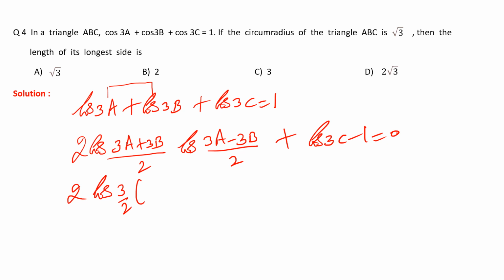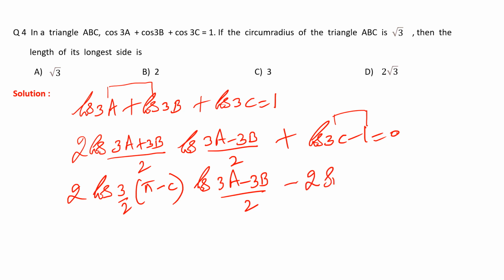I can replace A plus B by pi minus C, because we know that the sum of all the angles of a triangle is 180 degrees, right? Into cos (3A minus 3B) by 2. Now this particular value, if we apply the formula 1 minus cos theta equal to 2 sine square theta by 2, this can be written as minus 2 sine square 3C by 2 equal to 0, right?